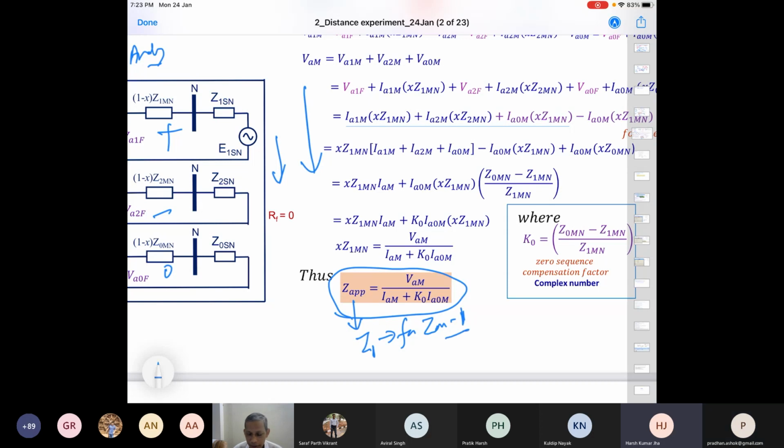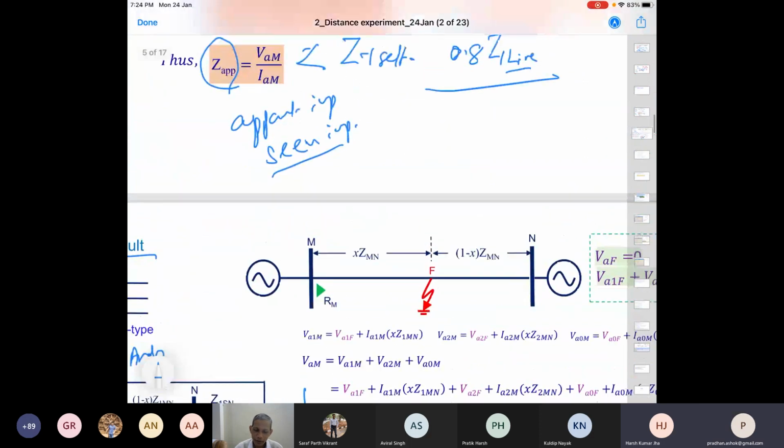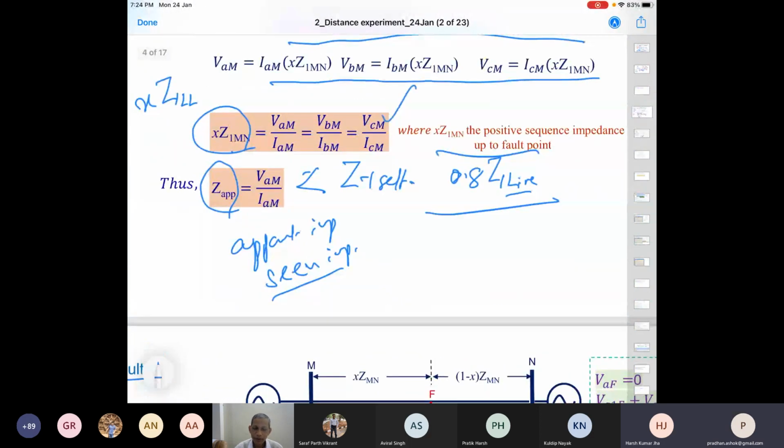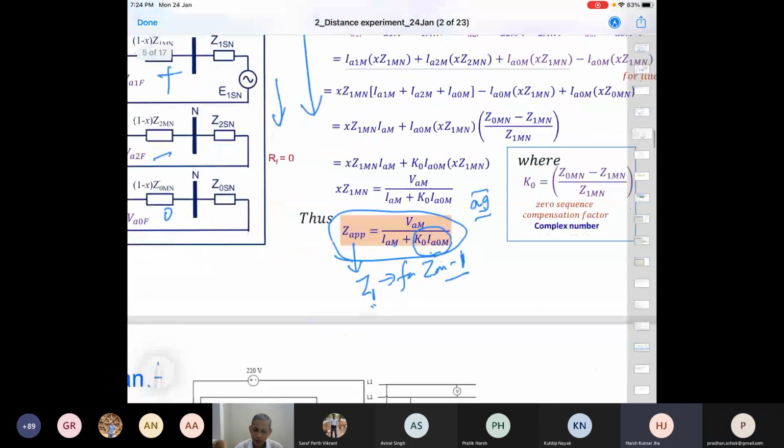So here you see, if the fault happens to be phase A to ground, then the relation should be phase A voltage upon phase A current plus a factor times what we call the zero sequence current. That's why I was telling you it is not simply V divided by I. The corresponding current is a function of the phase current plus some other current.